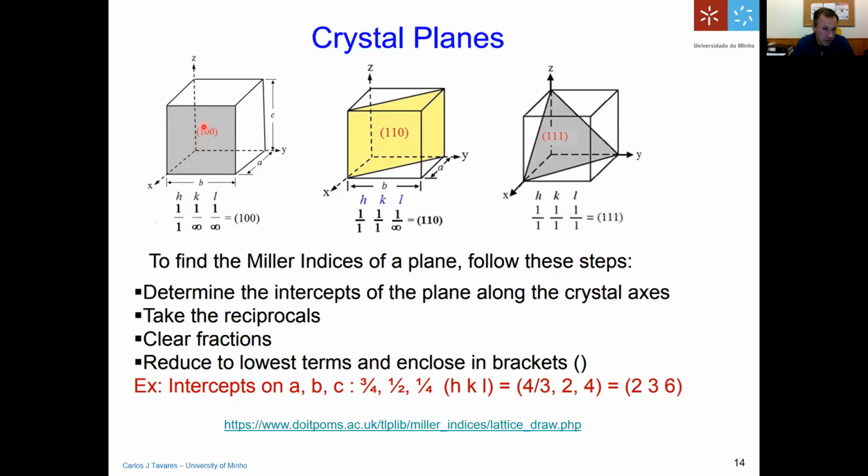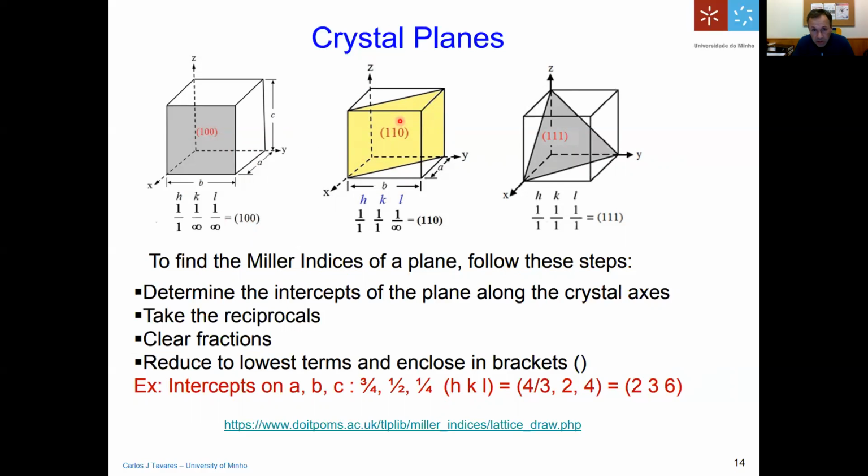The first number is 1 because this plane intersects 1 unit of this cube, so it's 1 over 1, which is 1. Since this plane intercepts both the y and z axes only at infinite distances, 1 over infinity is 0. So you'll have 0 for both cases, okay?